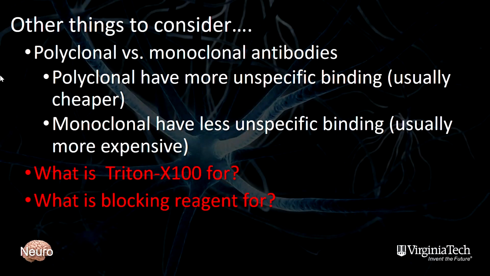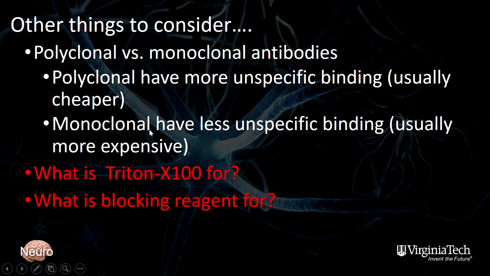First one is polyclonal or monoclonal antibodies. When you are buying antibodies for your stain, when you go to graduate school, you will see these two words. What they mean is these antibodies are made in different processes. Monoclonal antibodies are made in purified cells, outside of the body of an animal, and polyclonal antibodies are made inside an animal.